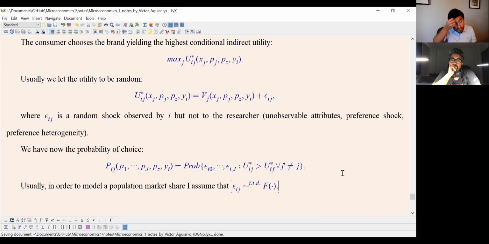So what does it mean to be IID? It means that the random shocks across individuals are, first of all, independent among the individuals, which may now be a hard assumption to make, but that one you can relax a bit. But the important thing is that this is basically independent and identically distributed, okay?